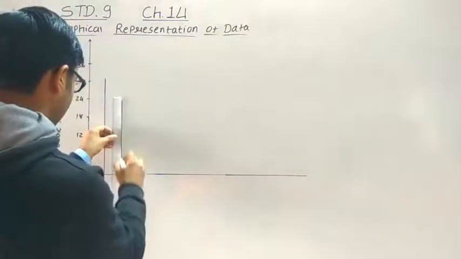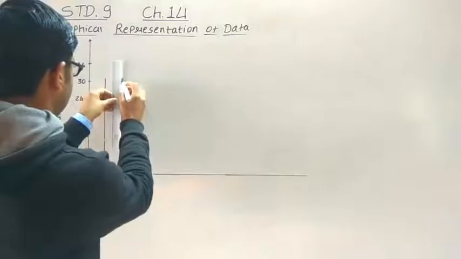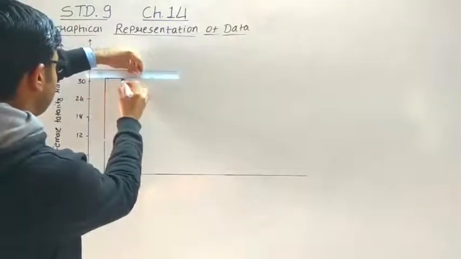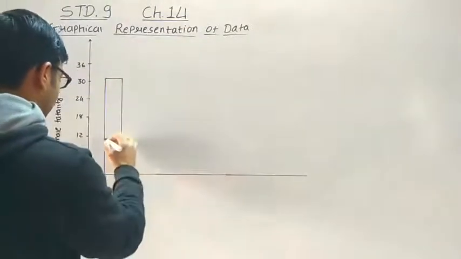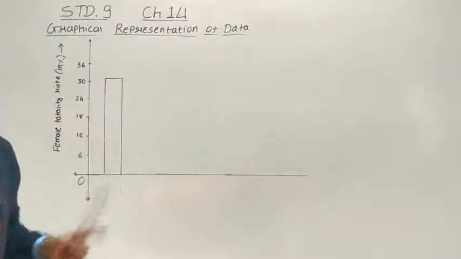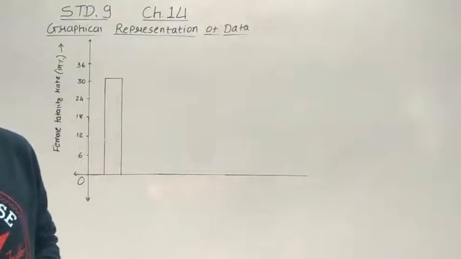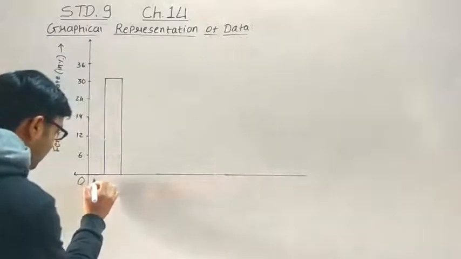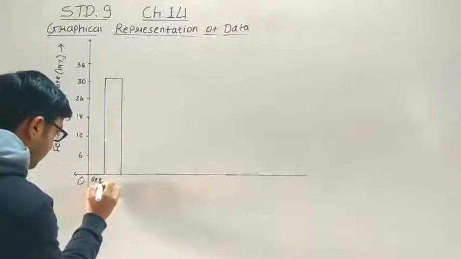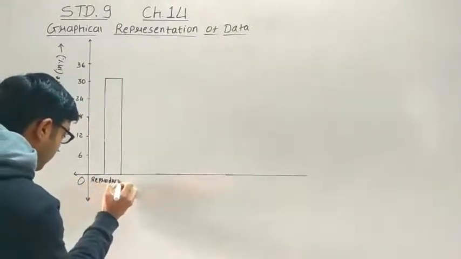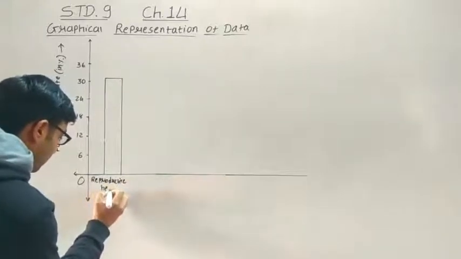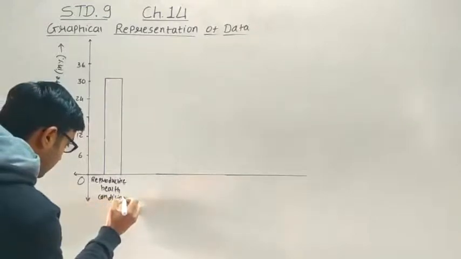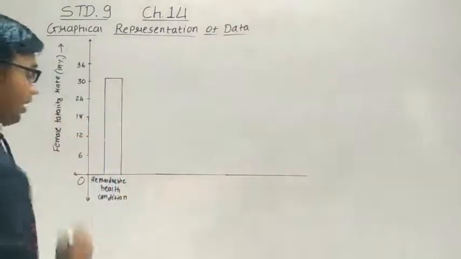Here we have drawn the line segment, and now we can join both these points. This will become one bar, and this bar represents reproductive health conditions. We can write here: reproductive health condition. So here we have prepared one bar.